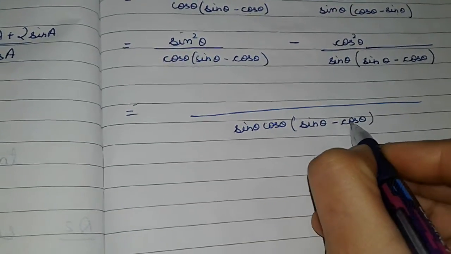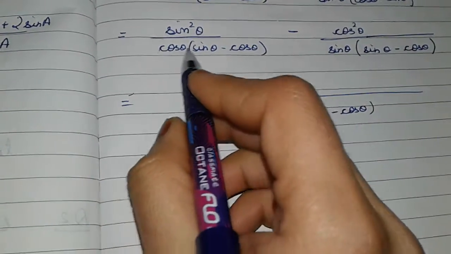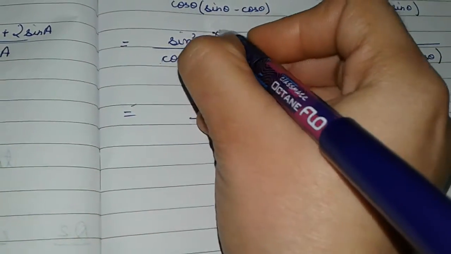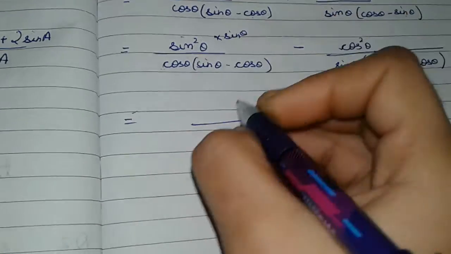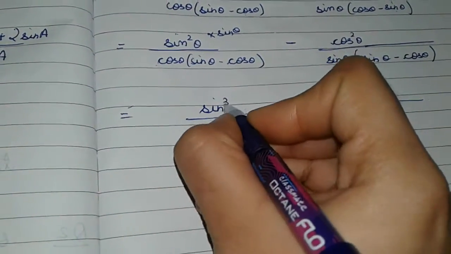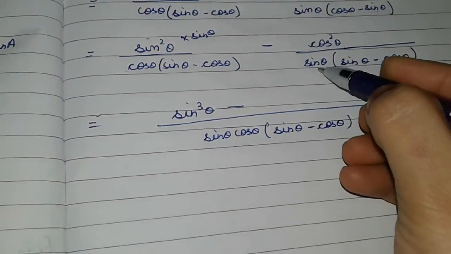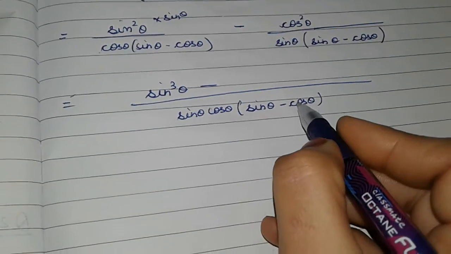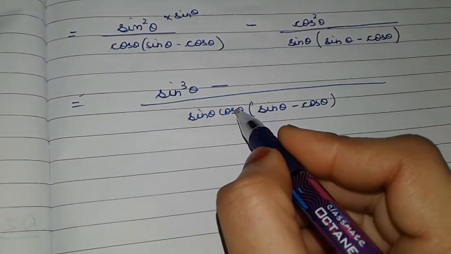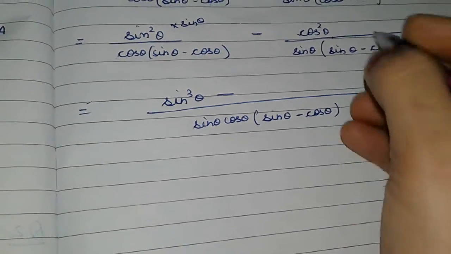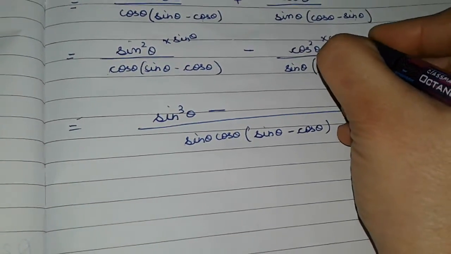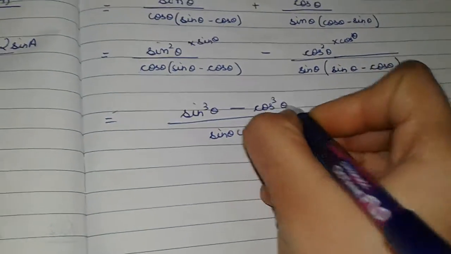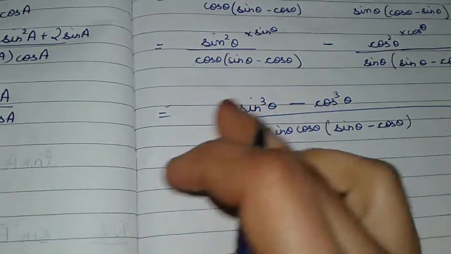Now the sin theta minus cos theta and cos theta will cancel out here and only sin theta will remain, which will be multiplied to this sin square theta and it will become sin cube theta. Again this sin theta minus cos theta will cancel out and only cos theta will remain, and this cos theta will get multiplied to this cos square theta and it will become cos cube theta.